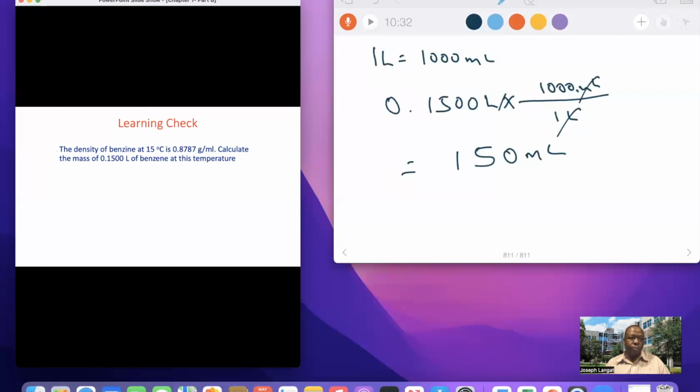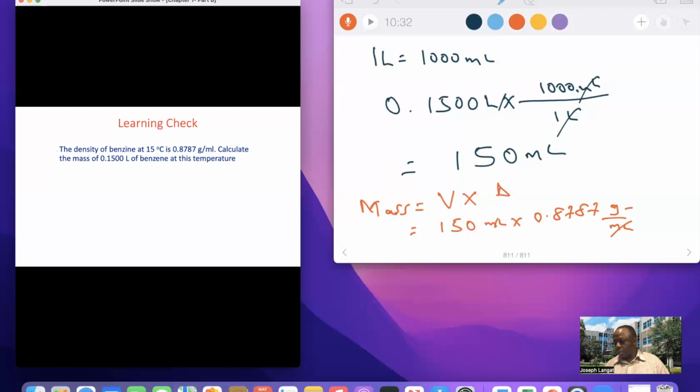When I use 150 ml, we know mass is given by volume times density, which means 150 ml times the density, which is 0.8787 grams per ml.